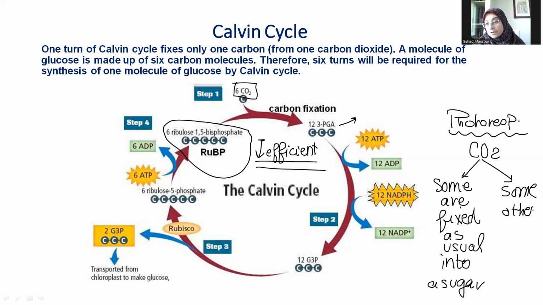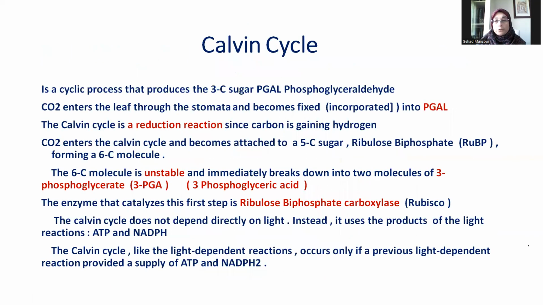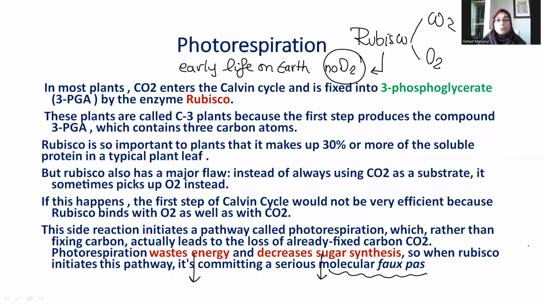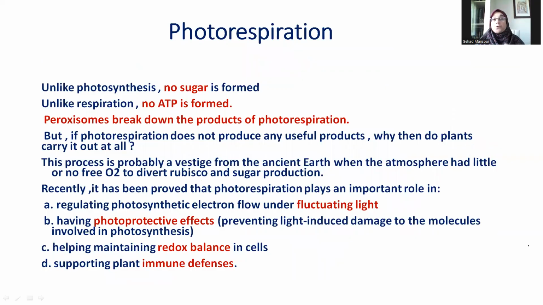Some others are lost and are not fixed as usual. Of course, this is waste of energy, so the plant starts to correct this, because you are not forming sugar, you are not forming ATP, and this is the first flaw, and this is the second flaw, and meanwhile you are consuming ATP molecules.